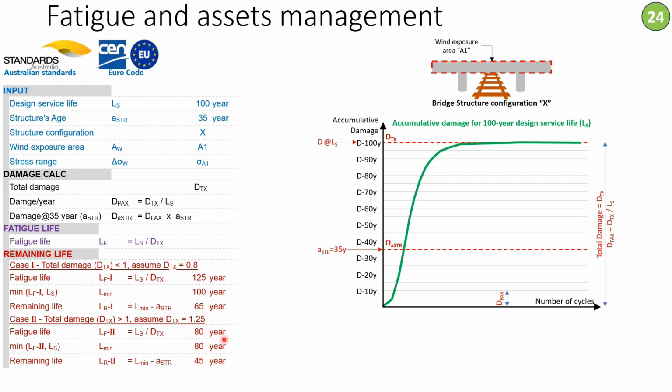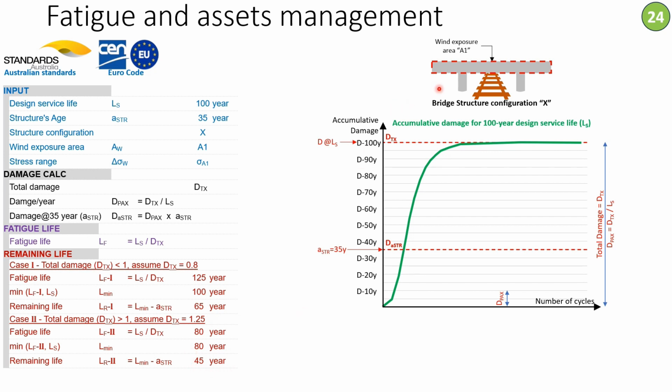From there, we can see that the minimum of the fatigue life and the service life, in our case here, is the fatigue life, 80 years. So again, the remaining useful life is 80 years because it's the minimum, minus the age of the structure, 35 years. So the remaining useful life is 45 years.